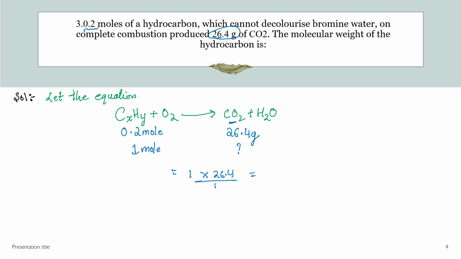By dividing it we get 132 grams, so 132 grams is the mass of CO2 if the hydrocarbon contains 1 mole.